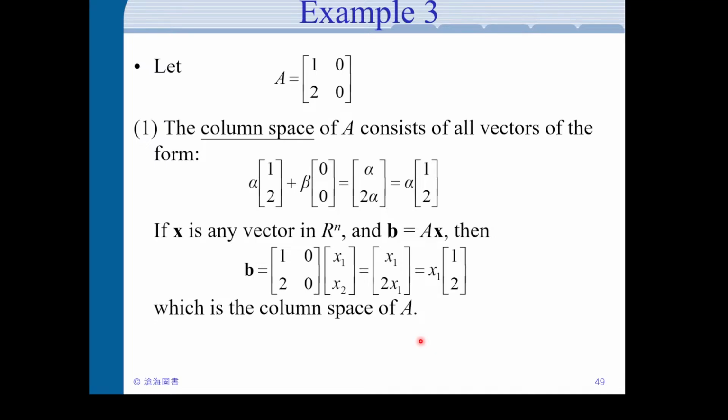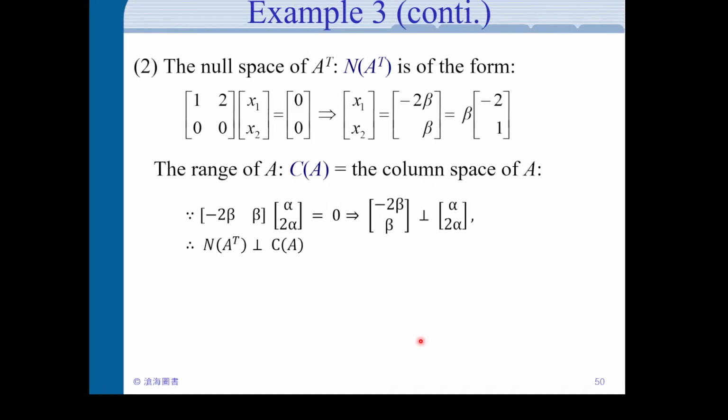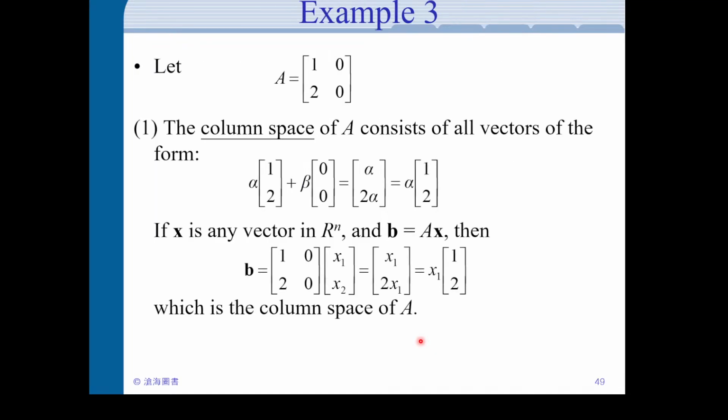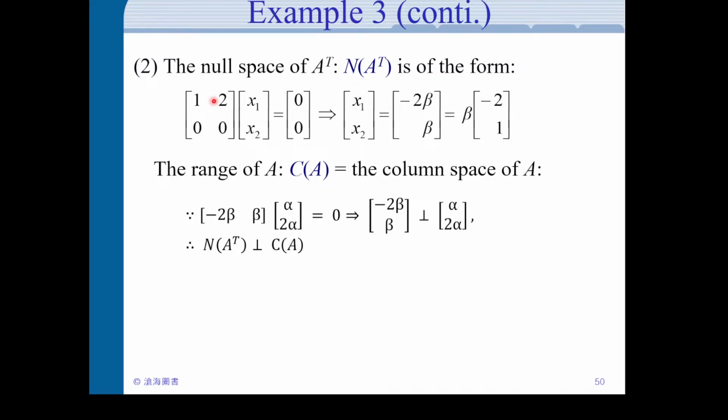Yeah, and then now we have the null space of A transpose. So A transpose is this matrix, 1, 2, and 0, 0. And for the null space of A transpose, we do a calculation here. So for something x1, x2, we want it to be 0, 0. Then we see that 1x1 plus 2x2 must be 0.